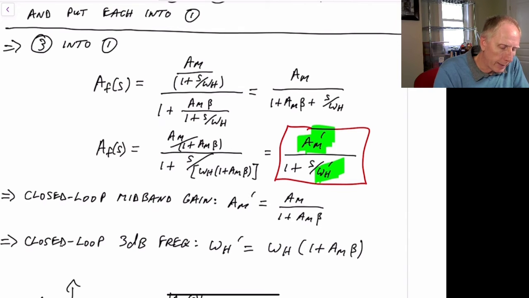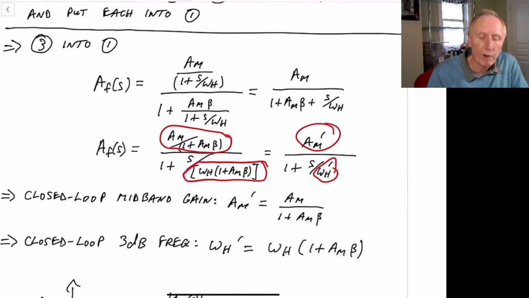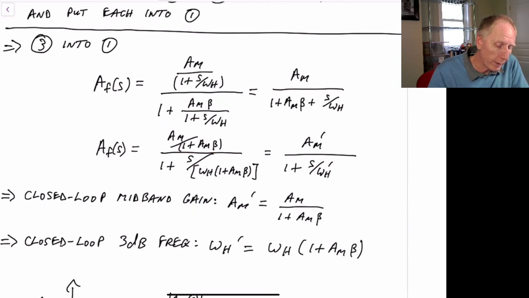A sub m prime will be given by this term here, and omega H prime will be given by this term here. We're just redefining the midband gain and the high frequency cutoff to match this equation that we've just found, because it's still a first order system with a different midband gain given by the numerator and the 3 dB frequency given by S over that value here.